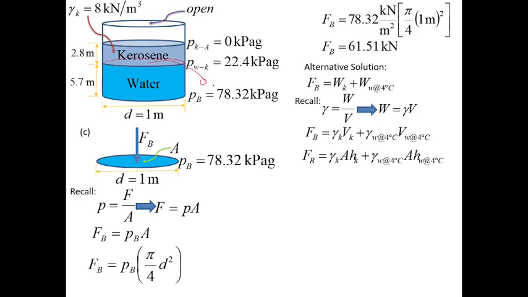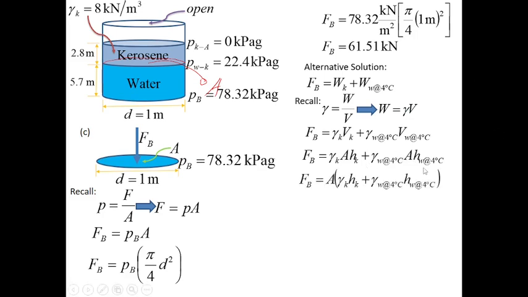So we have the area of the tank multiplied by the height of kerosene. That's the volume of kerosene in the tank. Same as for water, the area at the bottom multiplied by the height, 5.7 meters.